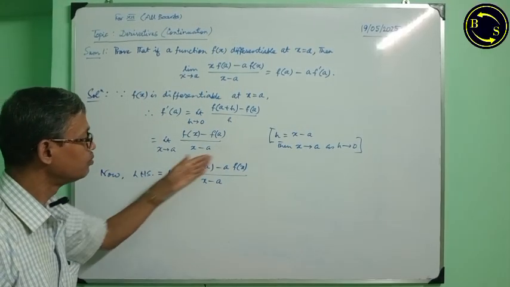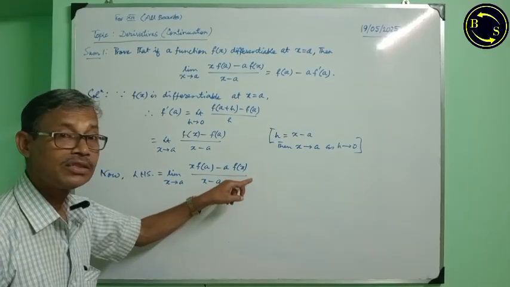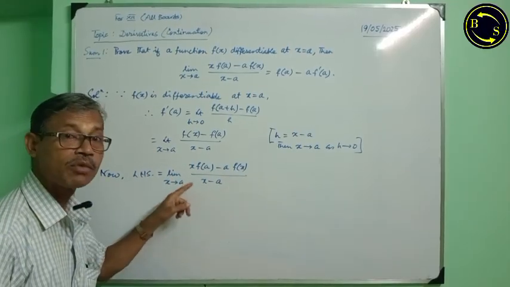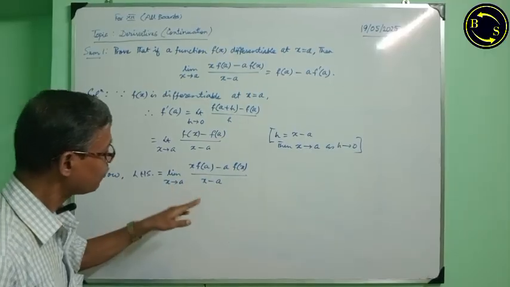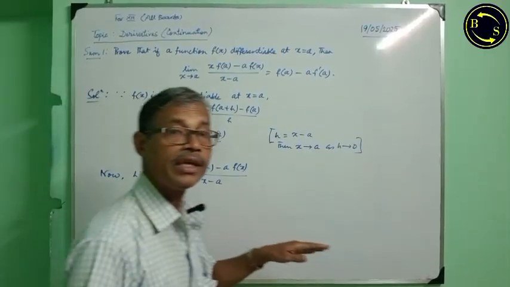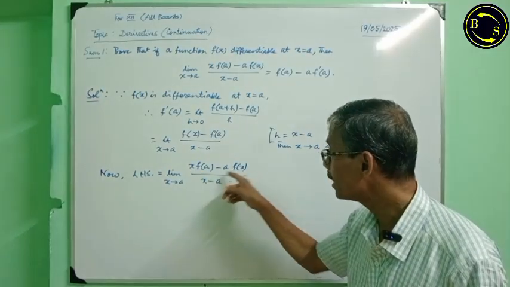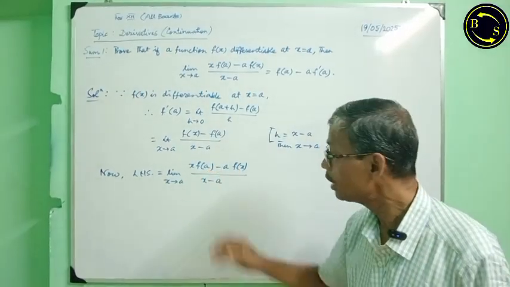Keeping this form, we now rearrange the numerator. Here the denominator is x minus a. Therefore, for applying the distributive law of division, I first arrange this. You note how I am arranging.